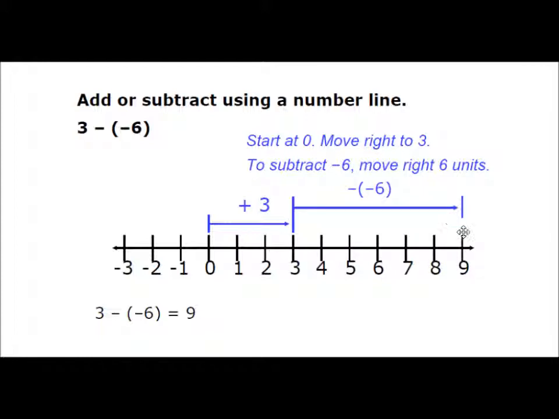To subtract -6, we have to move right 6 units, because minus and minus becomes plus.